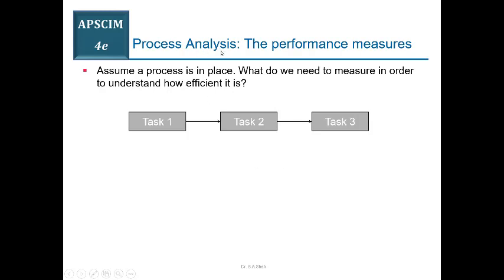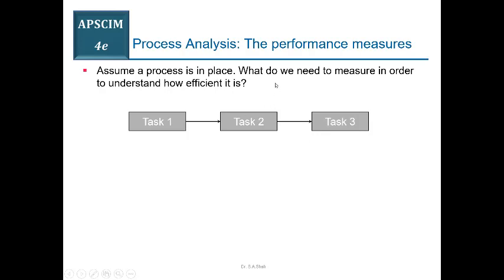प्रोसेस एनालिसिस की जब आप बात करते हैं, and by process analysis we mean to analyze the performance measures. So what are those performance measures? We will discuss them. So, for example, if we have a system in which there are multiple tasks as represented here graphically, let us assume a process in place.